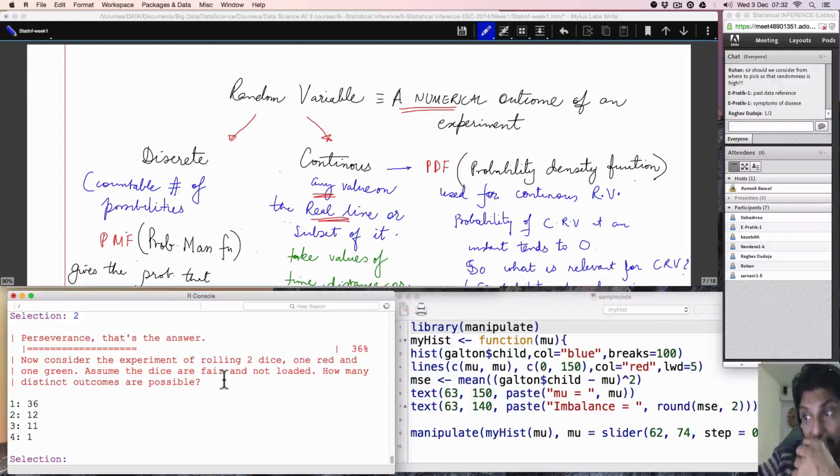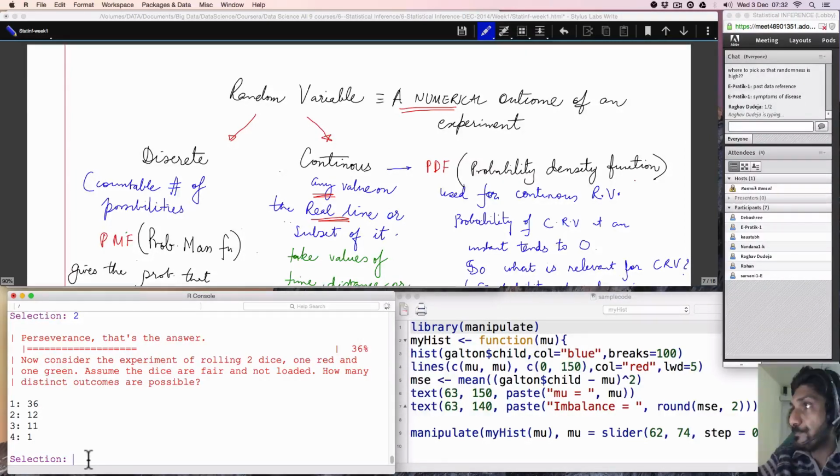Assume that the dice are fair and not loaded. How many distinct outcomes are possible when you roll two dice? I've already answered that for you previously, but just to check. 11, all right.